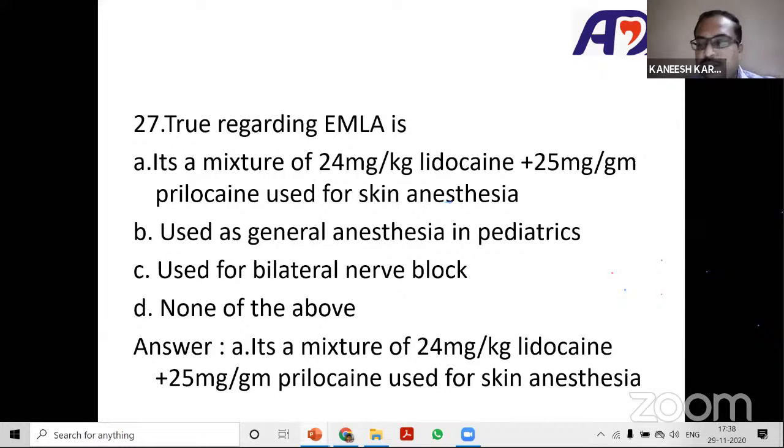That is the eutectic mixture of local anesthetics used for skin. You must have seen the patches on kids. They are admitted into the hospital, and before putting the vein access, they put a patch over the skin like this. That is for the skin to get anesthetized. That contains a prilocaine ointment.